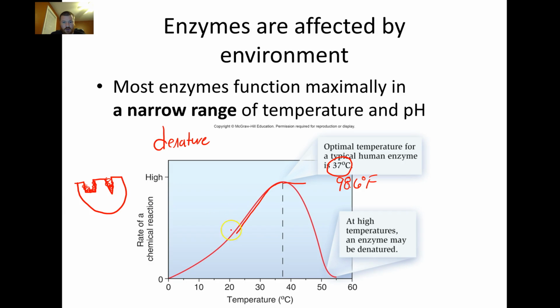If they get too cold, oftentimes they don't break down. Their reactions just slow down. If they get too hot, though, think about dropping and cracking an egg over a hot pan. Once it hits the hot pan and the egg white turns white, that's denaturing the proteins in there, and you're not going to go back after that.